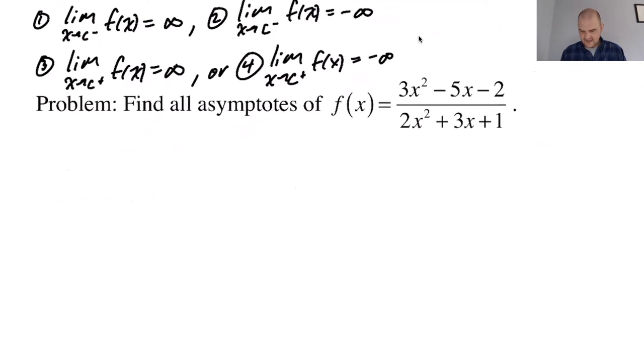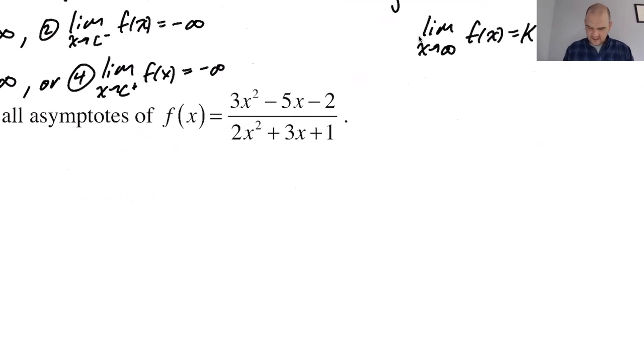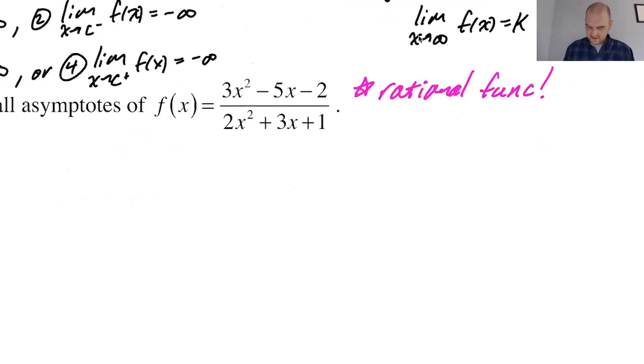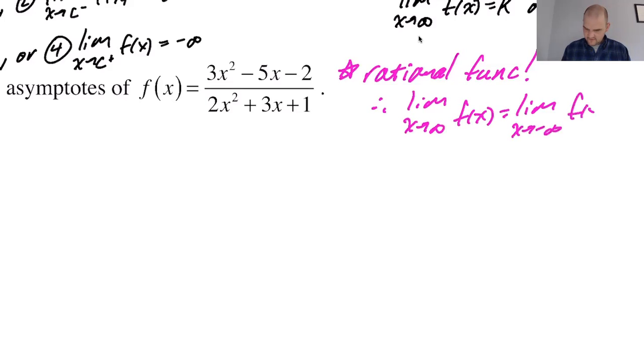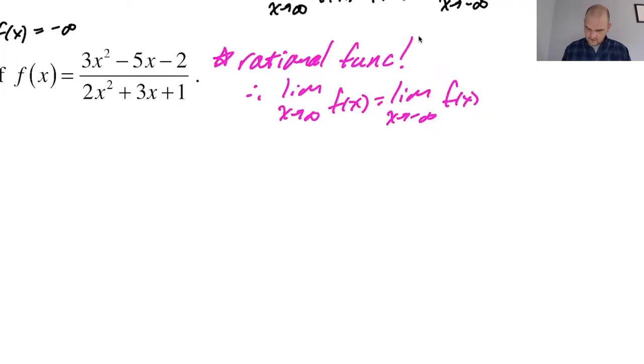So find all of the asymptotes. Okay, so first thing that I notice about this particular function, this is a rational function. So for a rational function, therefore, the limit as x approaches infinity of f of x will equal the limit as x approaches negative infinity of f of x if the limit is finite.